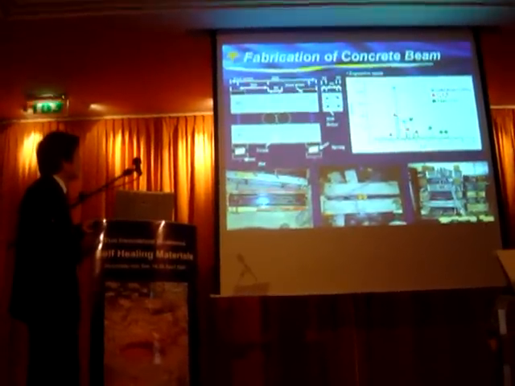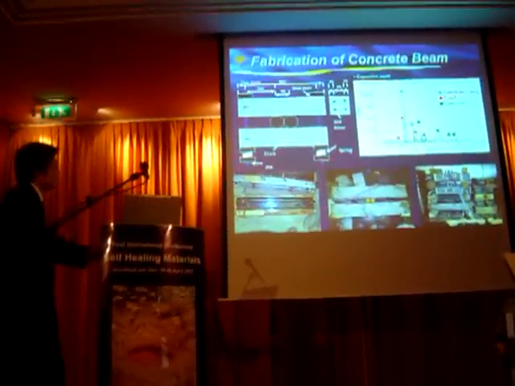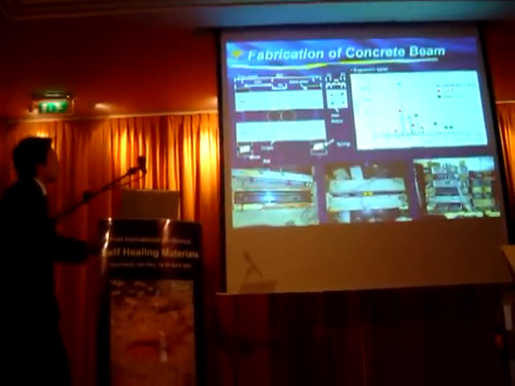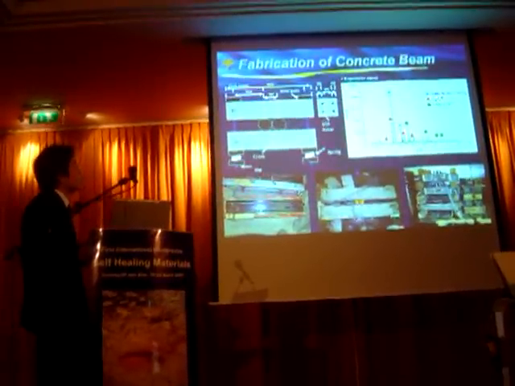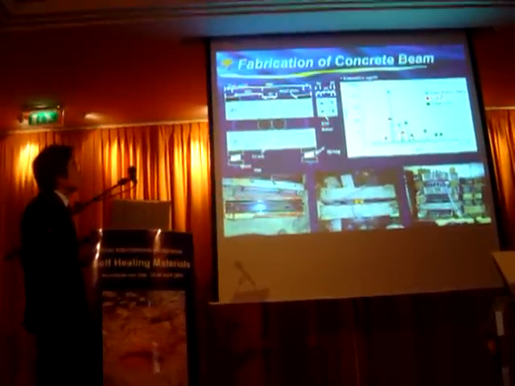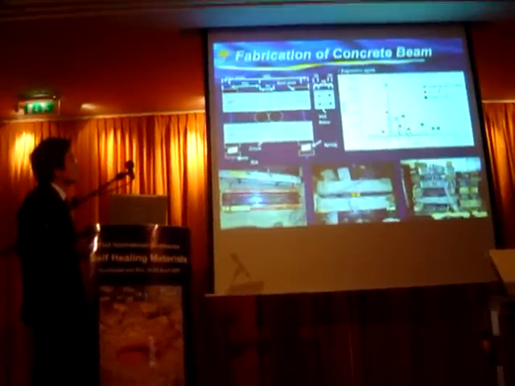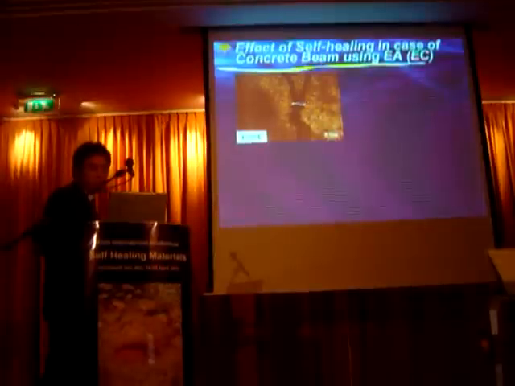We also measured the rebar strain during the healing, and we fabricated the specimen like this. And this is the composition of the expansive agent: you can see that it was composed of calcium sulfate, calcium sulfoaluminate, and CaO.